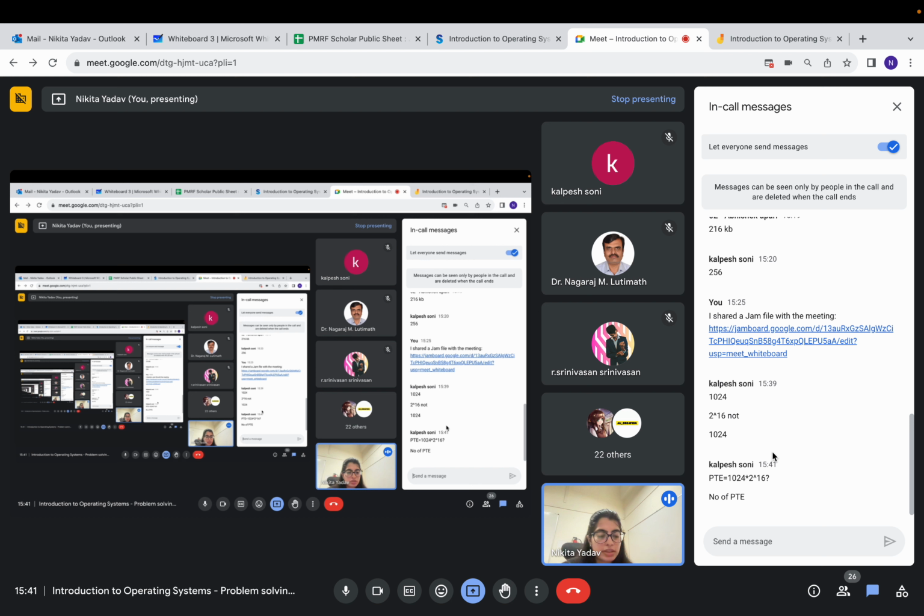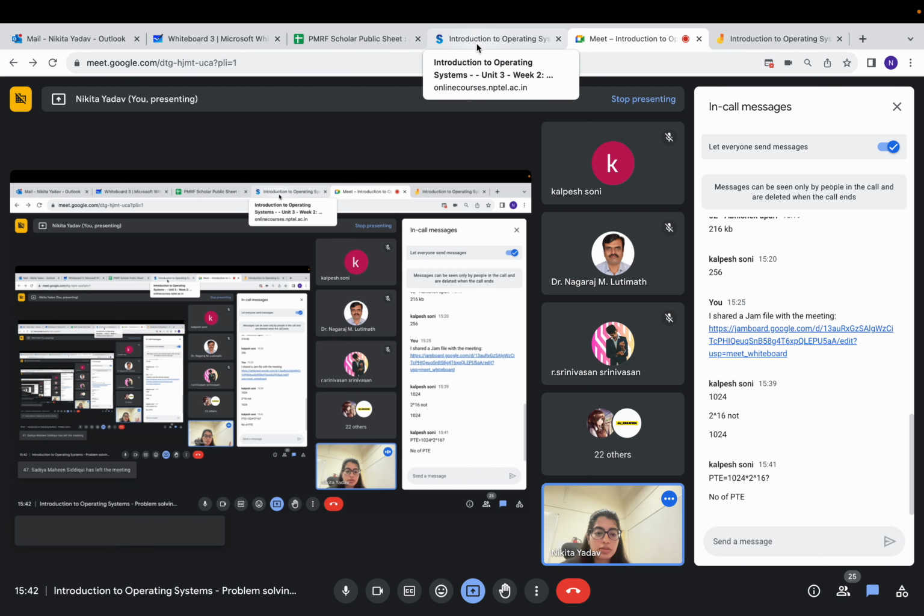Number of page table entries will be 1024 into 2 to power 16. Yeah, that's right. Okay. Any doubts? No.